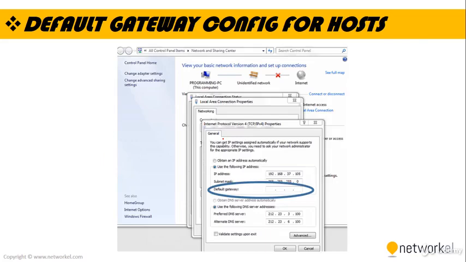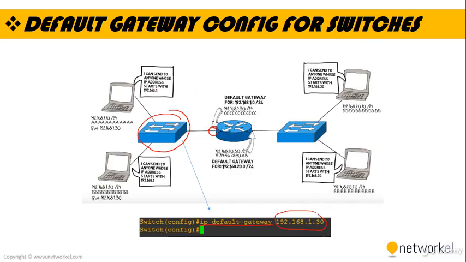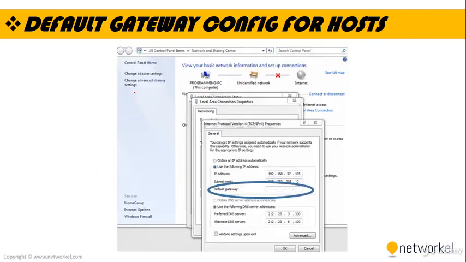And if you want to configure a default gateway for hosts, for example for this PC, on the Ethernet options, there's a field showing us the default gateway. I can simply fill this here with the IP address of the default gateway and configure my host.